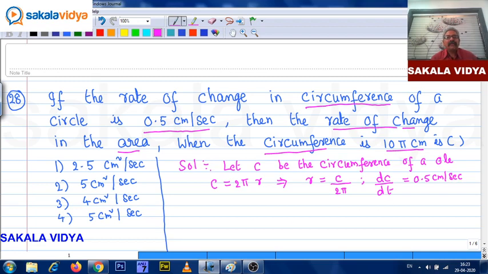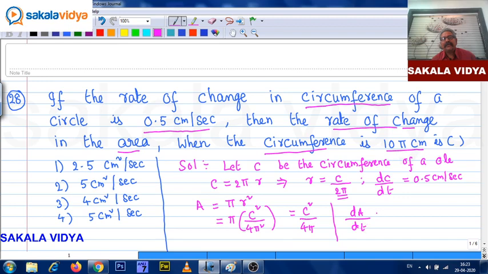Now what we need to find out? The rate of change in area. Area of the circle formula is pi r square. Now in the place of r, substitute C by 2 pi. Pi into r square means you will be getting C square by 4 pi. Now differentiate with respect to t, dA by dt is equal to 1 by 4 pi, C square differentiation with respect to t, 2C dC by dt.